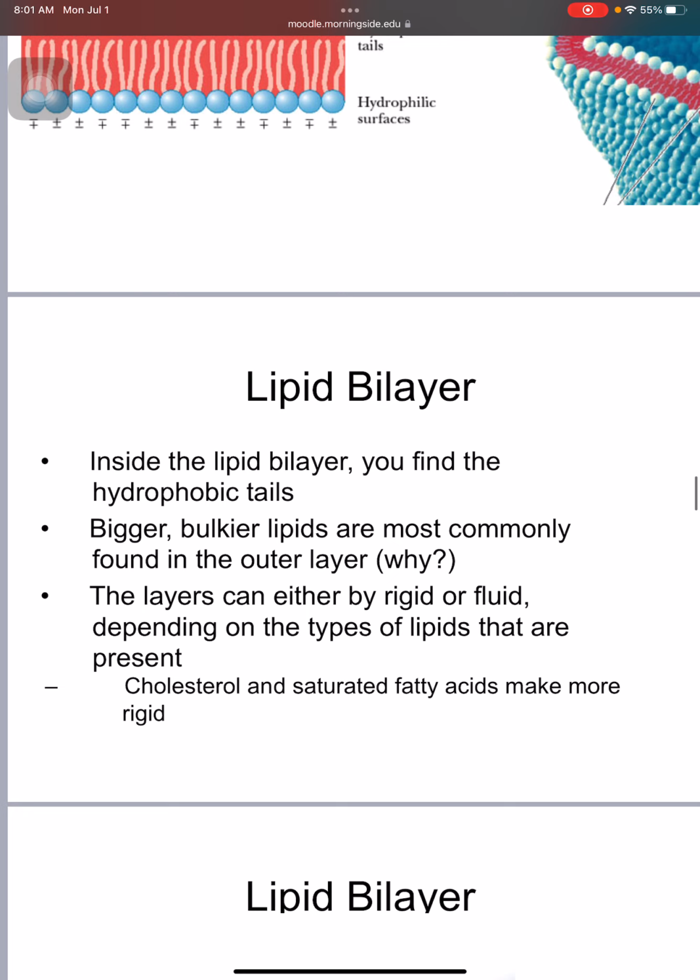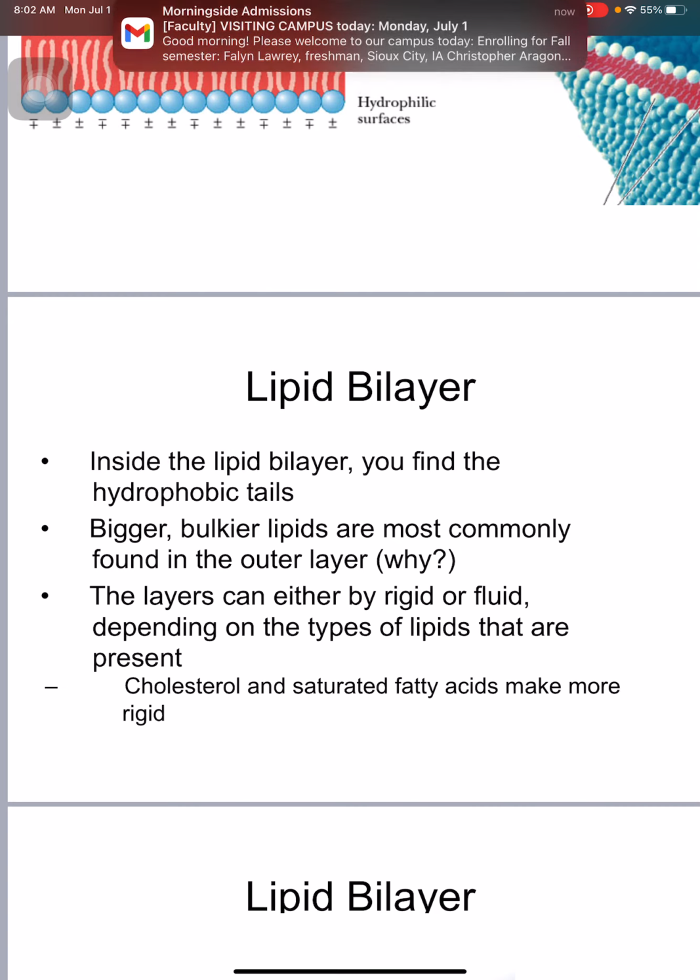All right, so let's take a look at some of the characteristics of this lipid bilayer. It's a really simplistic analogy when I said bricks in a wall, because unlike bricks in a wall, there's a lot of movement in and around the lipid bilayer, right? Those lipids are not just sitting there perfectly still.